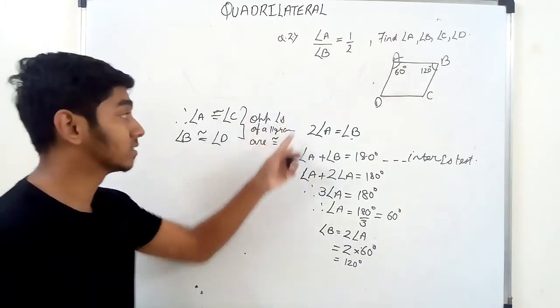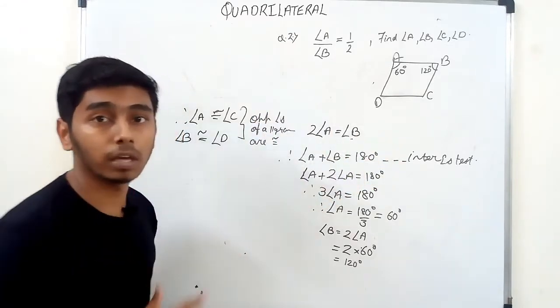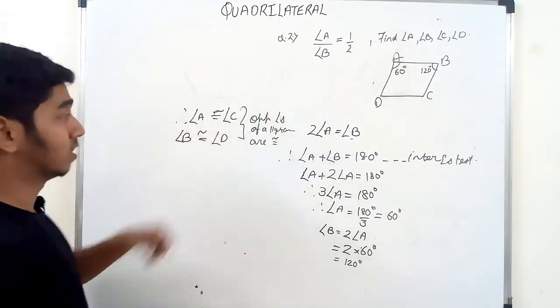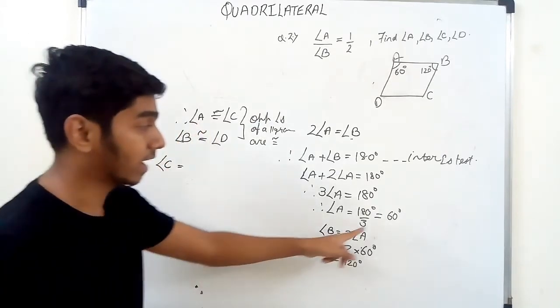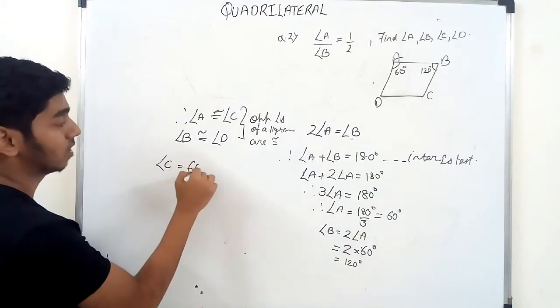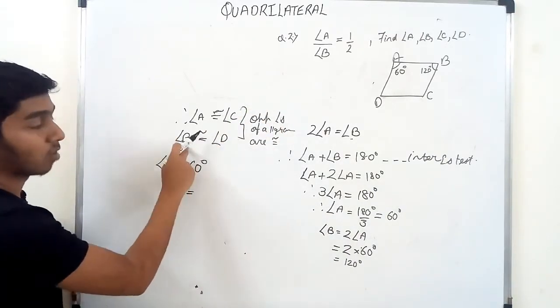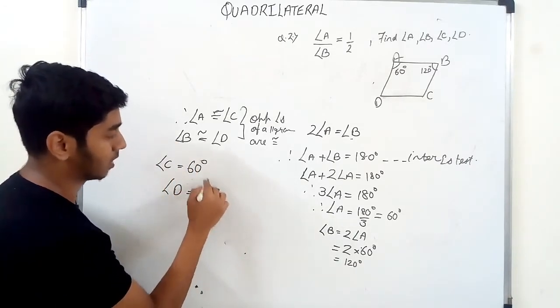I'm writing this reason in short, but you are supposed to write it properly. Angle C is equal to angle A. Angle A is 60, so angle C is also 60. In the same way angle D is congruent to B, and B is 120, so D is 120.